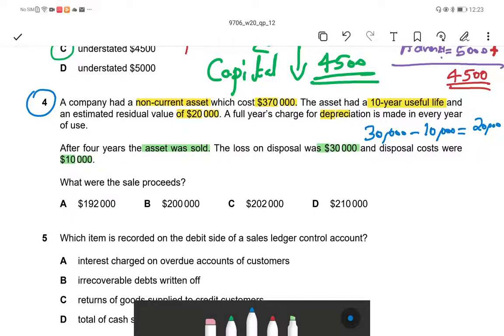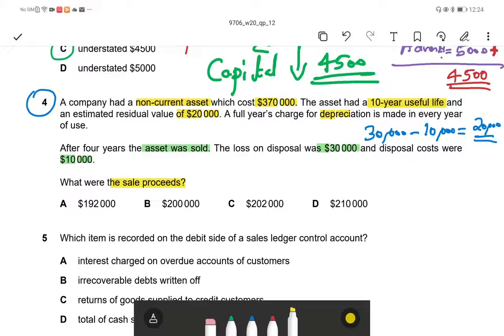What does the question ask? The question is asking for the sales proceeds, or selling price. Selling price is equal to the cost minus depreciation minus loss.